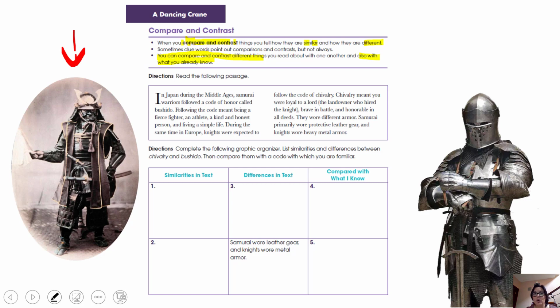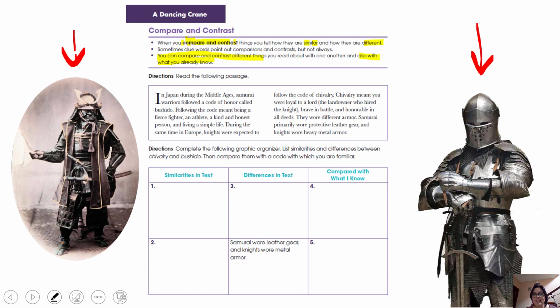All that was the code of honor for the samurai. During the same time in Europe, knights, these ones were the knights, caballeros, were expected to follow the code of chivalry. Chivalry meant you were loyal to a lord, the landowner who hired the knight, brave in battle and honorable in all deeds. So if you can see, both of them were following a code of honor.